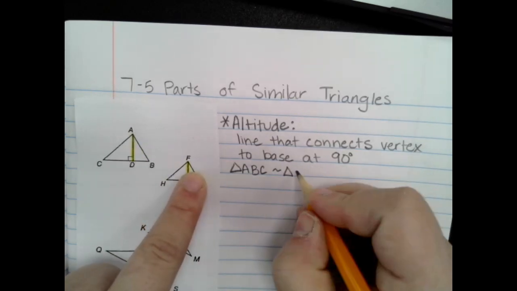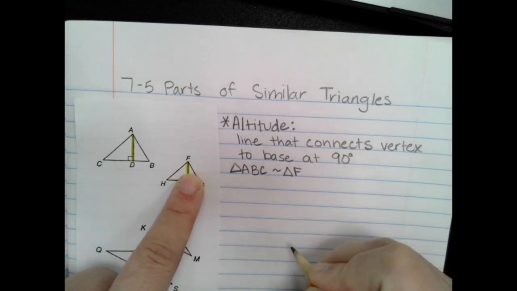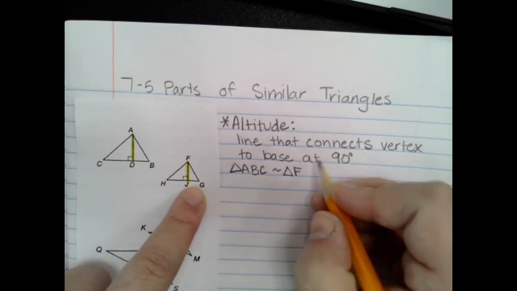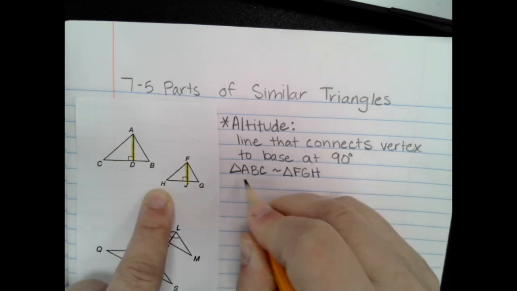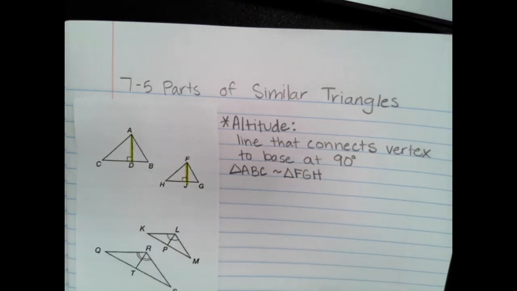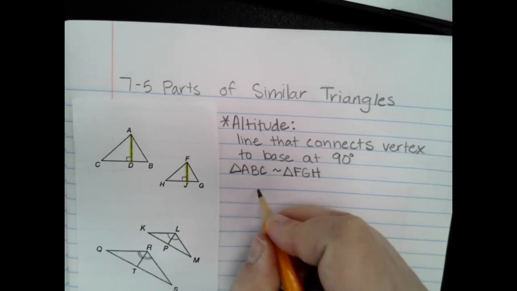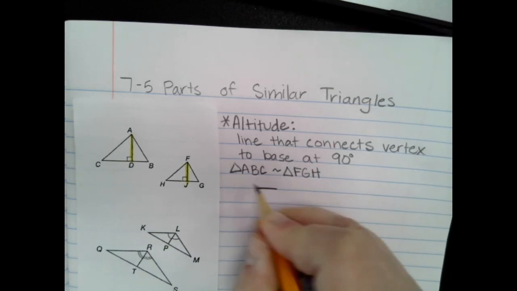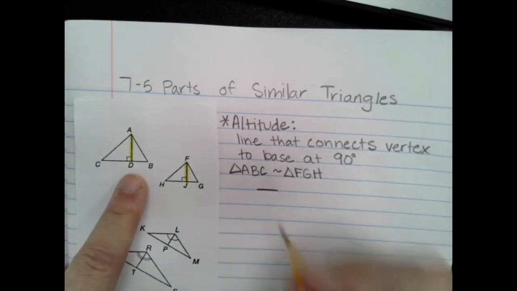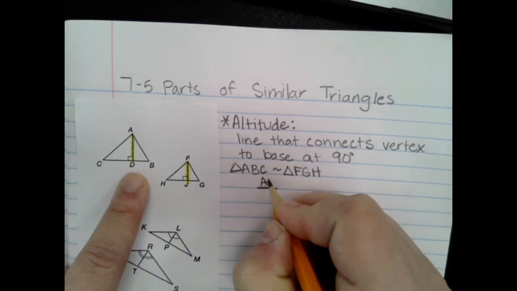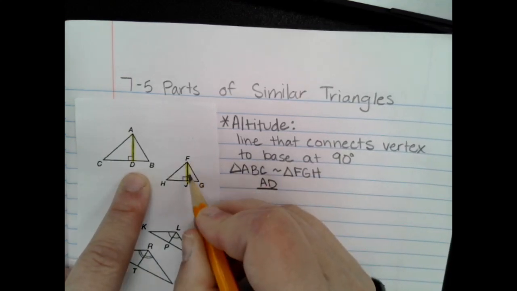A matches with F. B here matches with G, so F, G, and then H. So we have to know that first. As long as we know that they're similar, now we can compare those parts. So we have our two altitudes, AD, and we're comparing that to the other altitude, FJ.